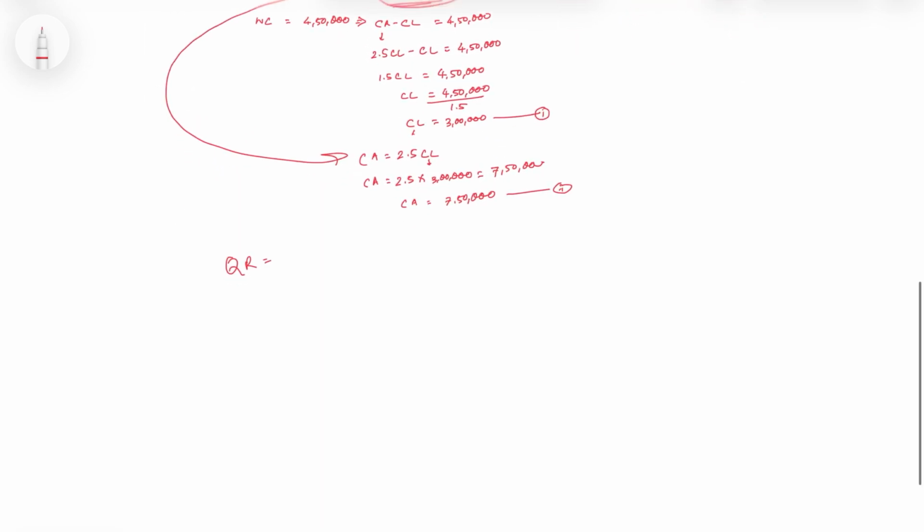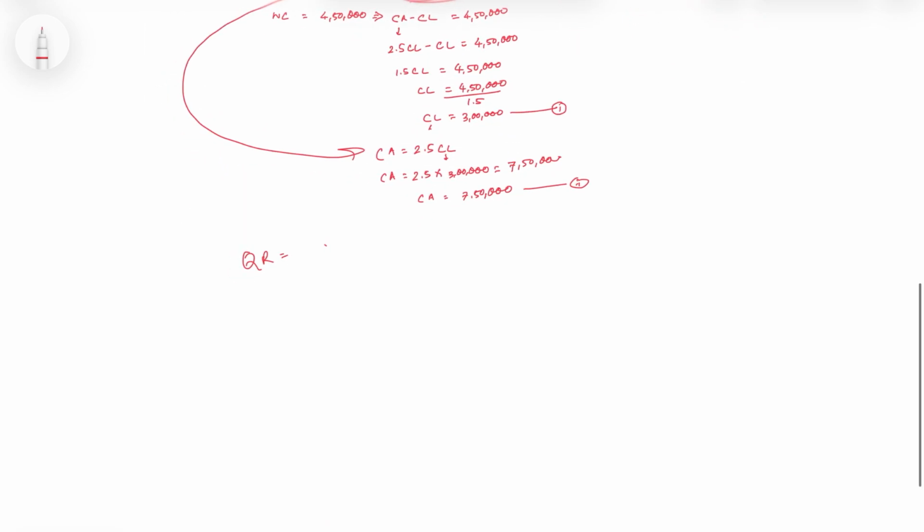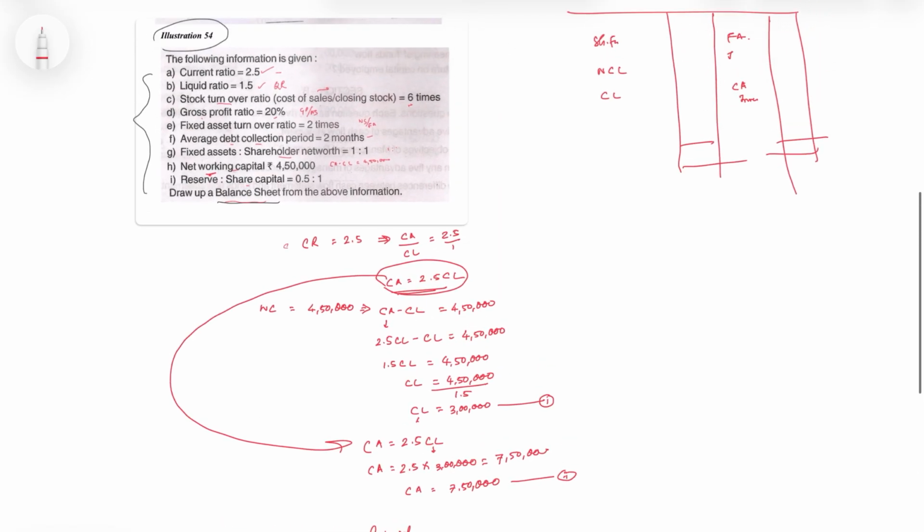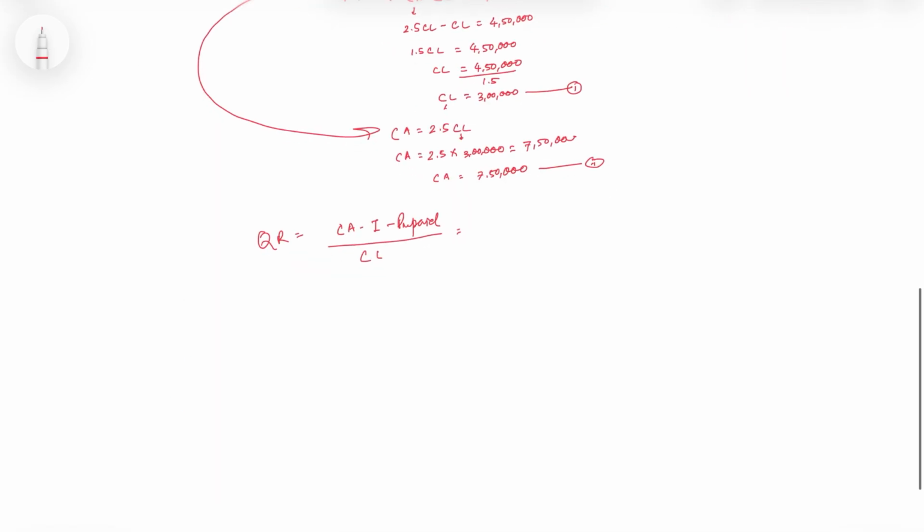Quick ratio means quick assets, that is current assets minus inventory minus prepaid expenses, divided by current liability, and the quick ratio is 1.5.